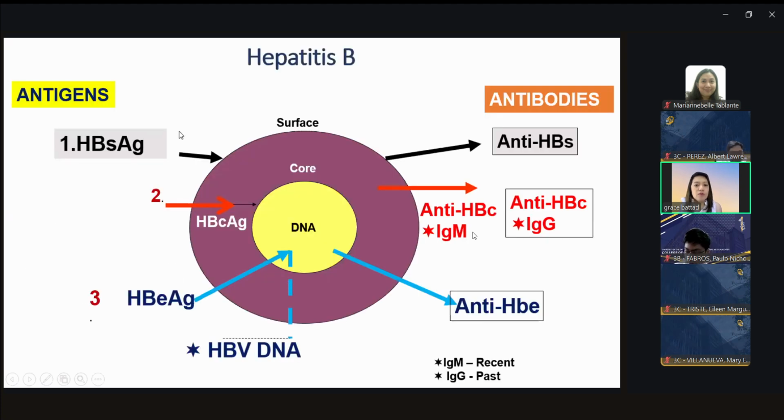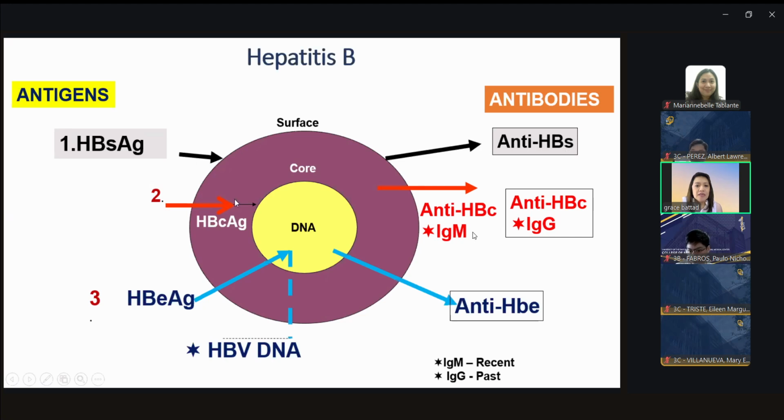Let us review the antigens and the antibodies for hepatitis B. So this is your hepatitis B virus. In the surface, you have your hepatitis B surface antigen. Its concomitant antibody that would be developing would be your anti-HBs.